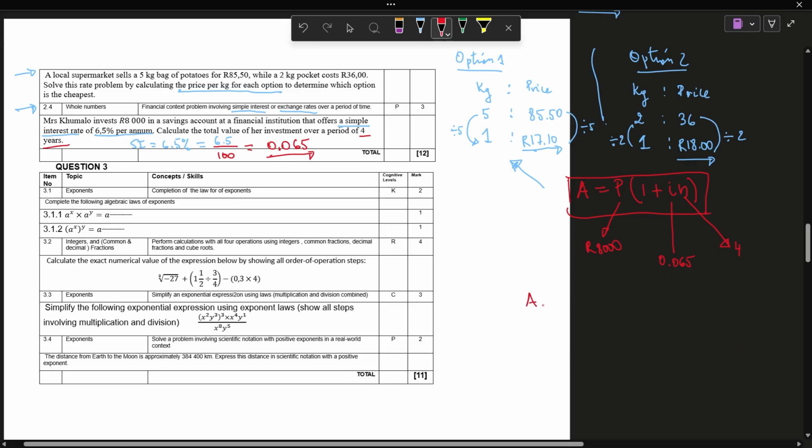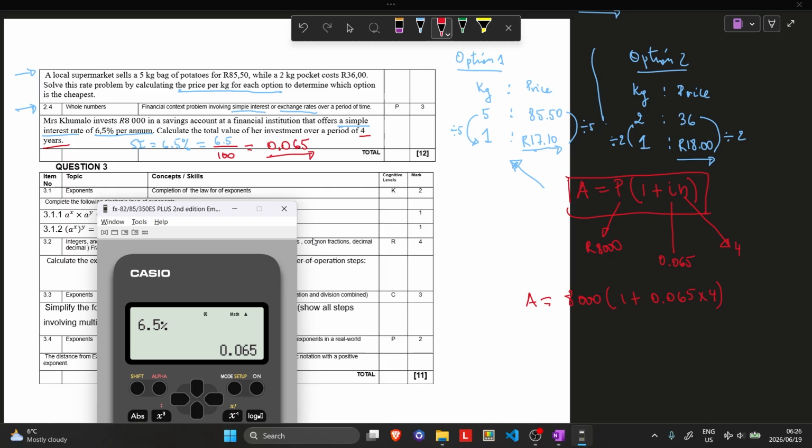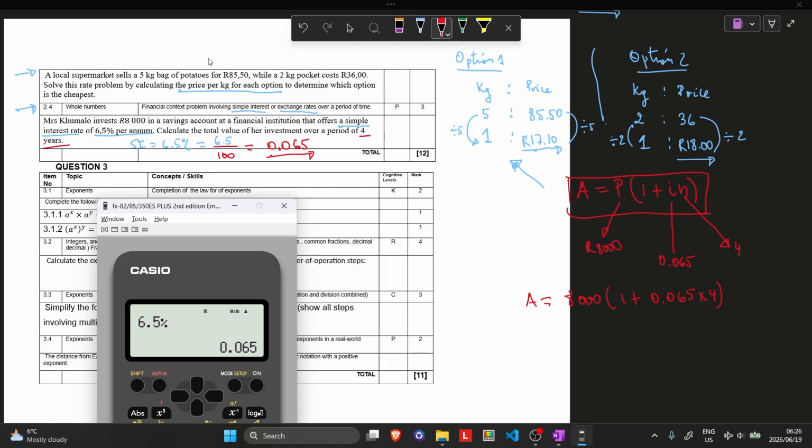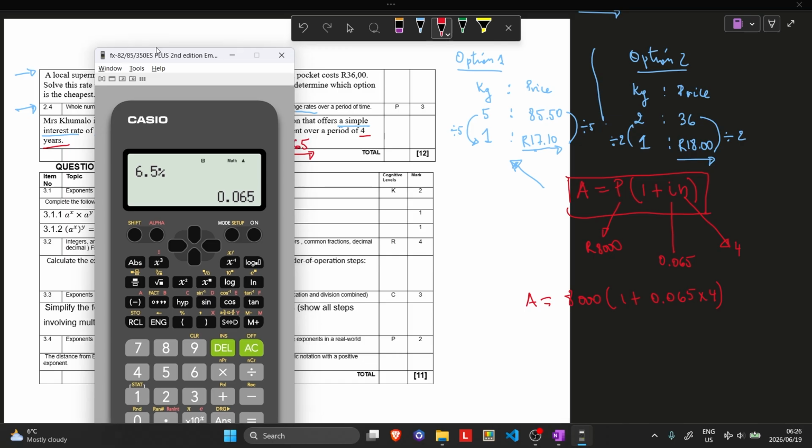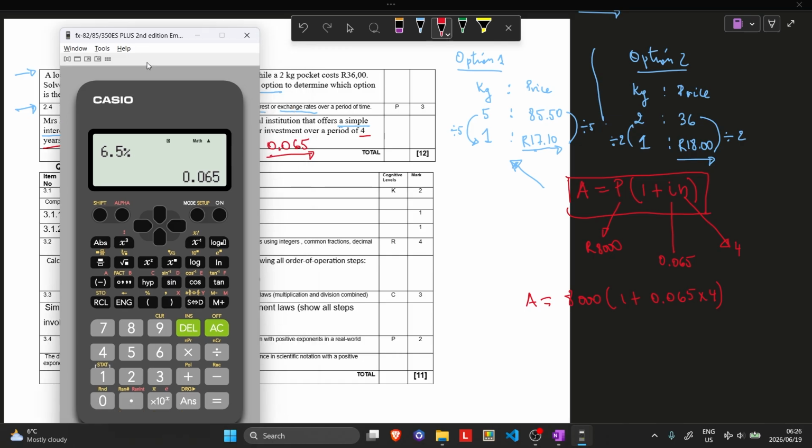Then the accumulated amount after 4 years will be 8,000 times 1 plus 0.065 times 4. So what we do, we just take our calculator and type everything.